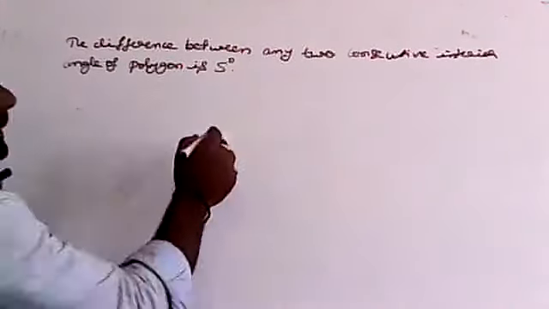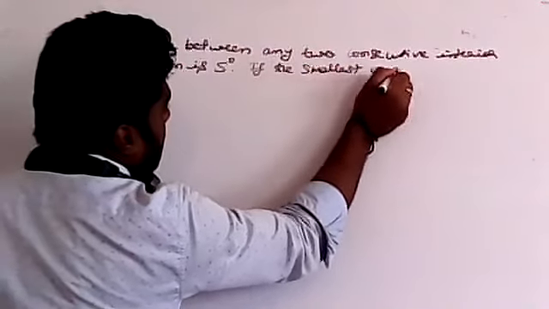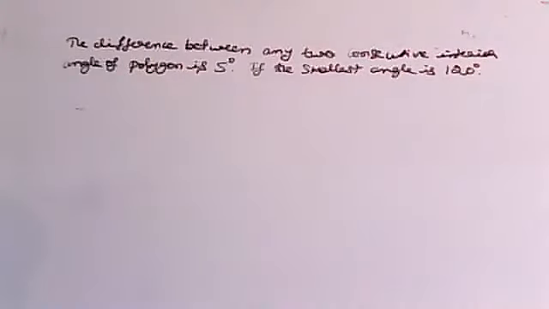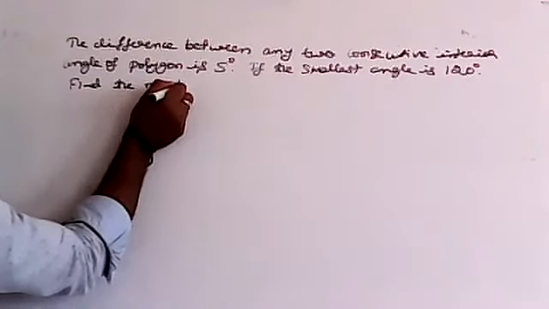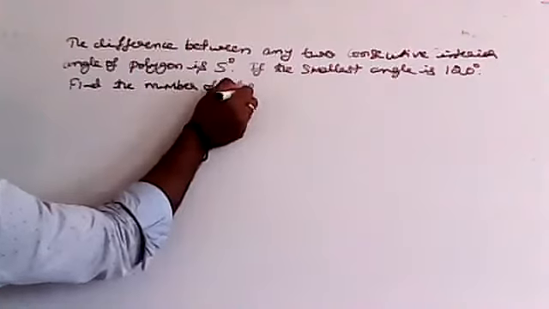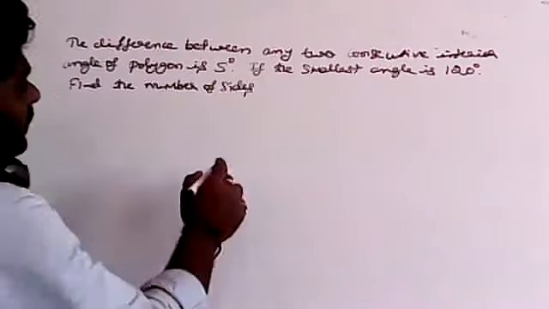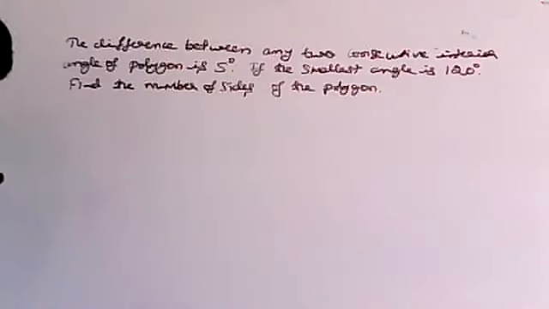If the smallest angle is 120 degrees, find the number of sides of the polygon. Okay, just tell me.